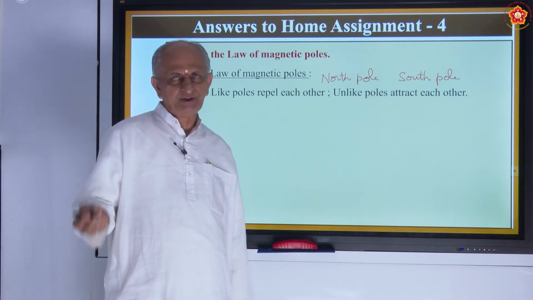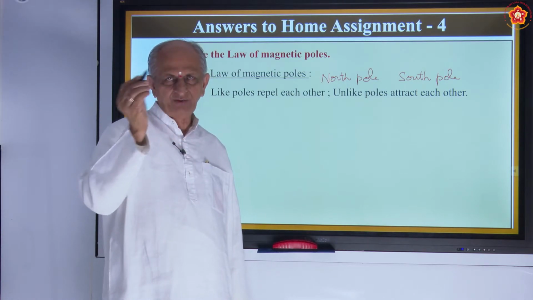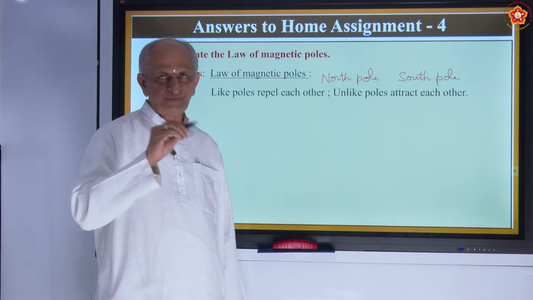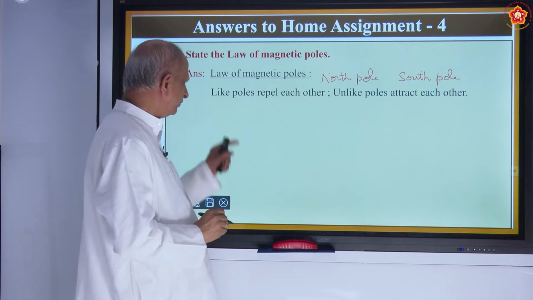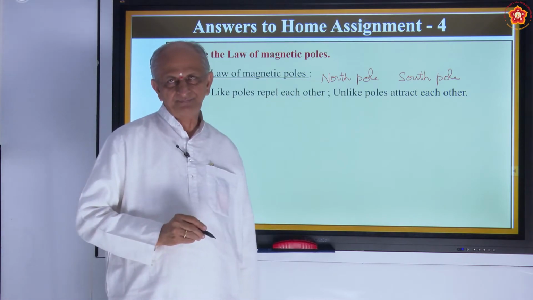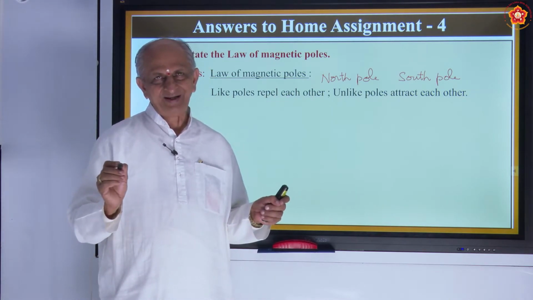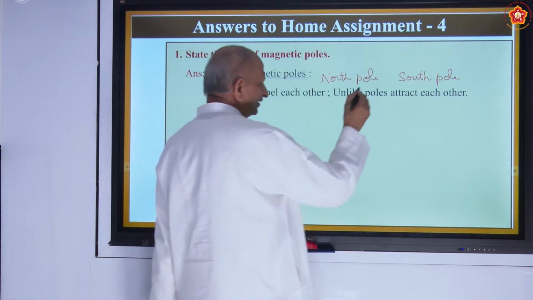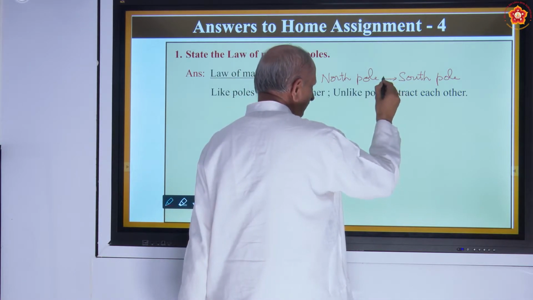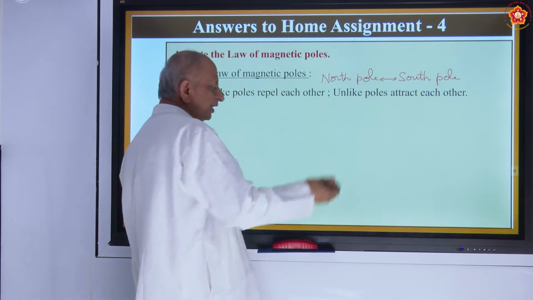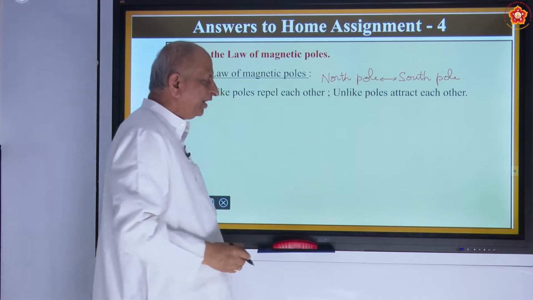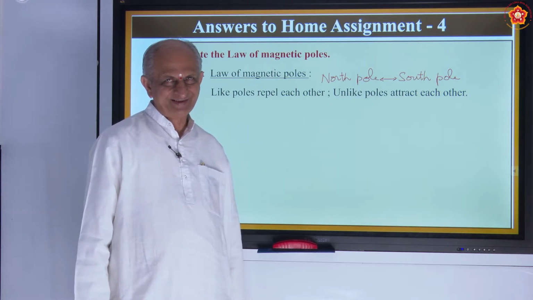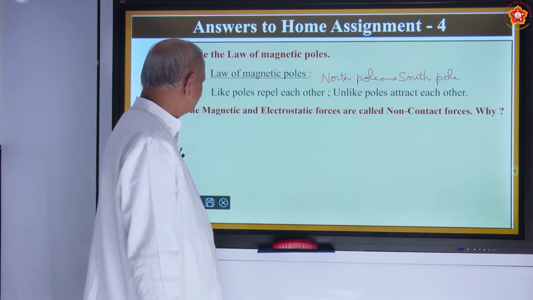Like poles means if two magnets have both North Poles facing each other or both South Poles facing each other, that is called like poles. What happens to them? They repel, they go away. And when a North Pole is brought near the South Pole or a South Pole is brought near the North Pole of a magnet, then there will be attraction. Correct? This is the law.